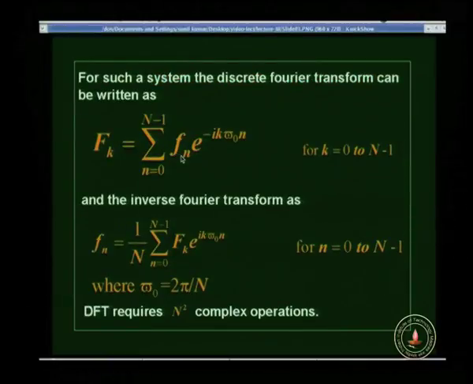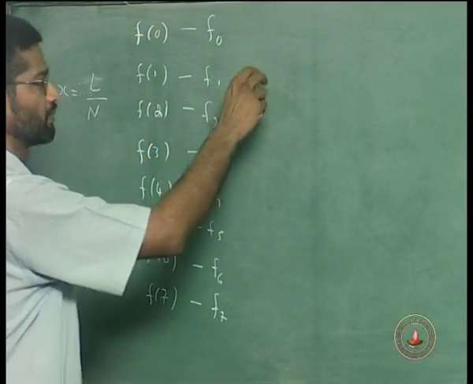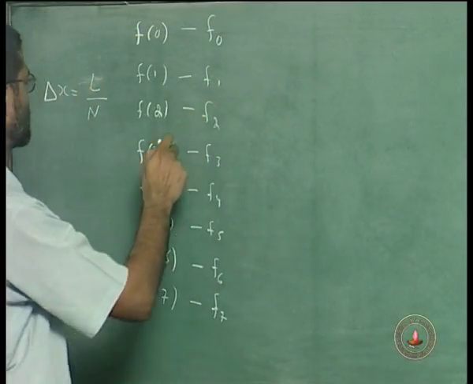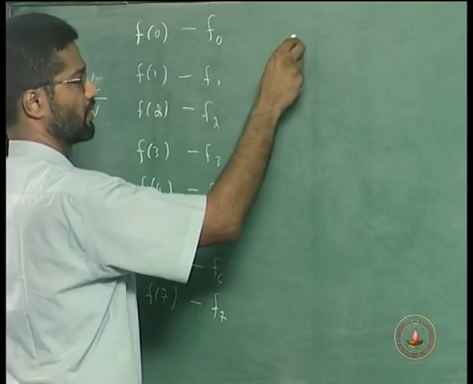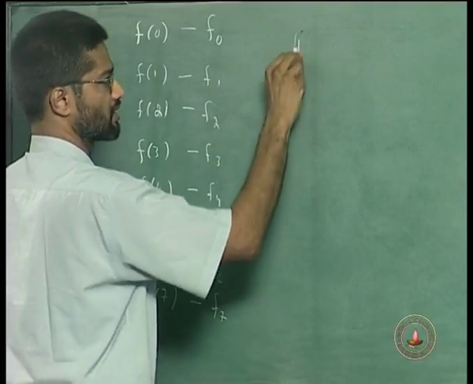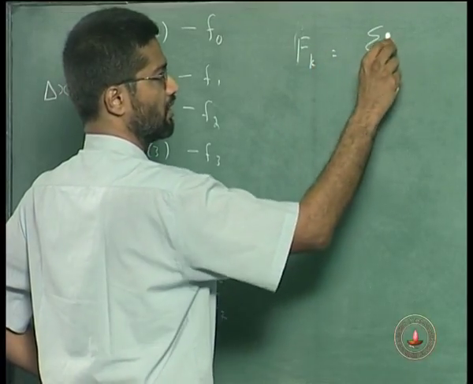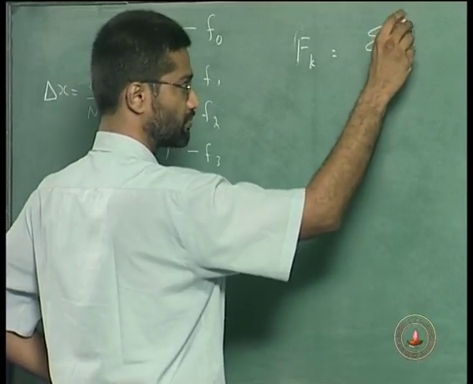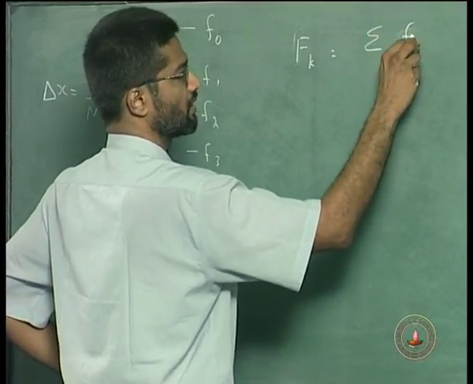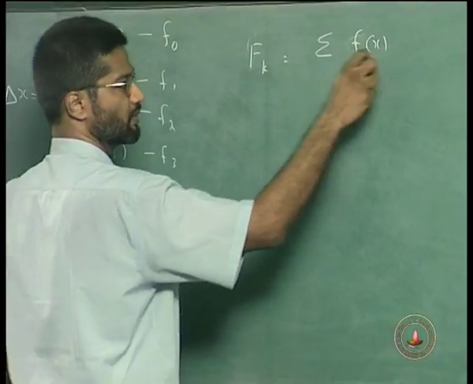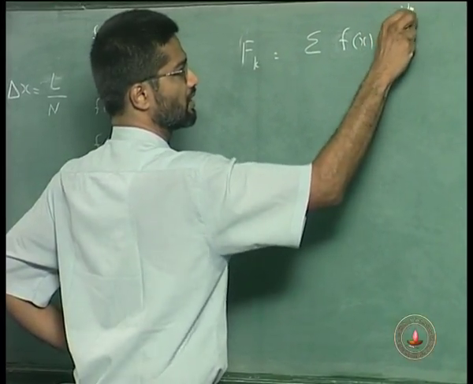If you remember, the Fourier transform which you are going to compute is computed with this expression. We want to actually compute the transform, and the discrete Fourier transform can be written as F of k equals the sum of f of x times e to the power of minus i k x.